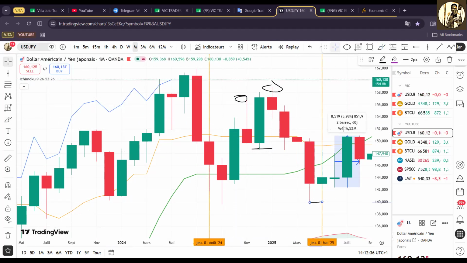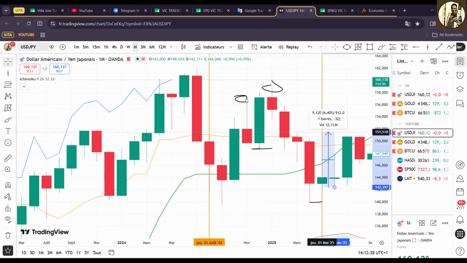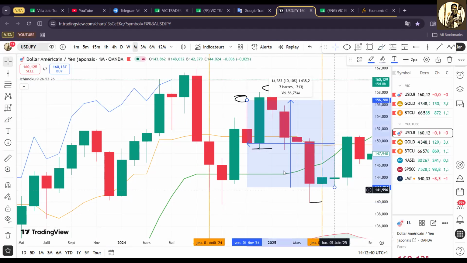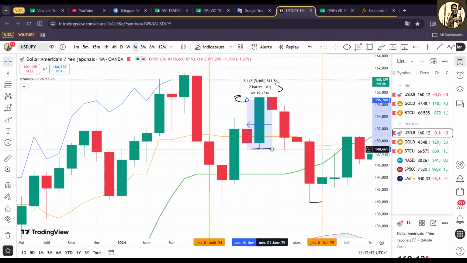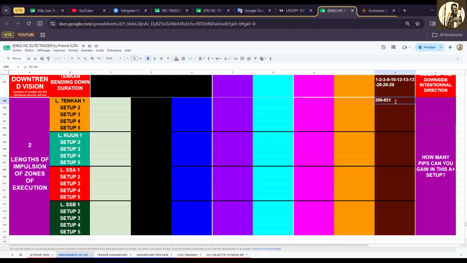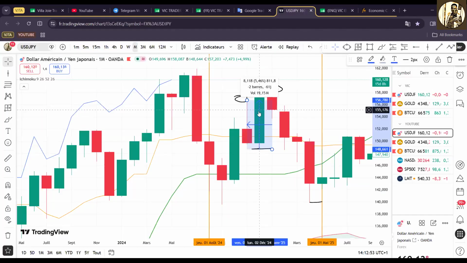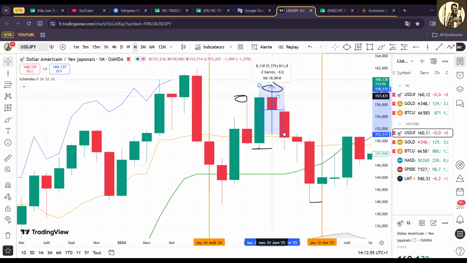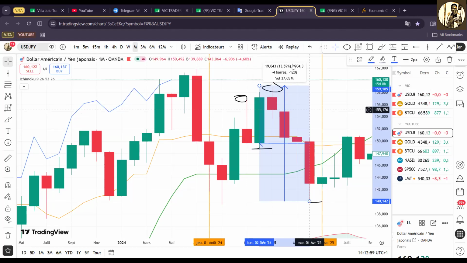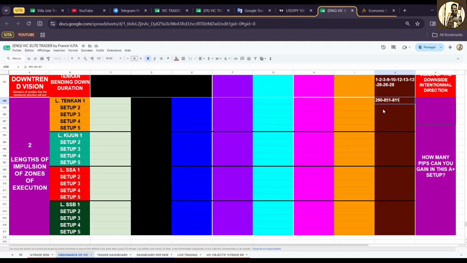So we take the first touch here. The first move to the downside is 811. The second touch is from this point to long down here. The second setup is 1,905, 1,904, sorry, for the second setup.